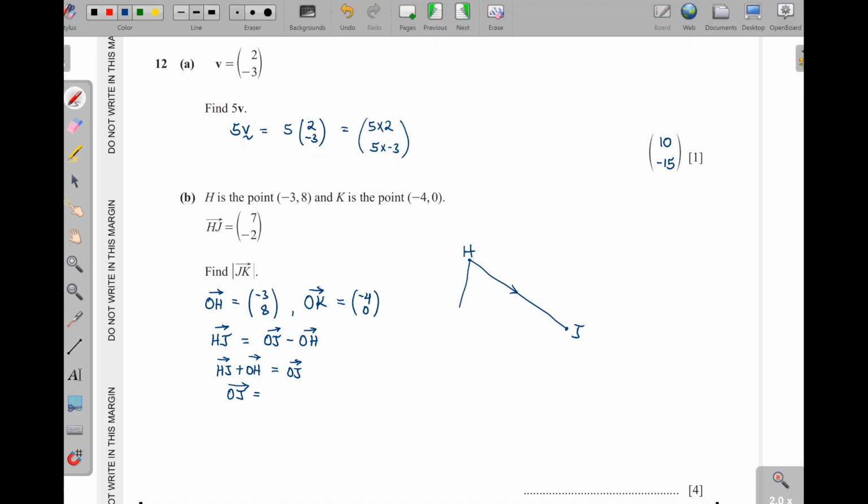And let's say we have the origin maybe here, okay? Now, for me to go to J from H, I will say HJ is equal to HO, then plus OJ.